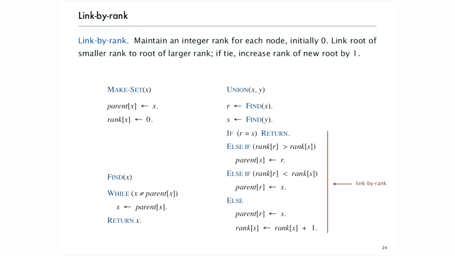When you are making it here, rank of R is strictly greater than rank of S, and I am not changing the rank operation. So clearly my parent has strictly larger rank than me. Same here. But when they were equal, I am artificially making the rank of my parent strictly larger than myself. Right? So what is the invariant? Everybody's parent has a strictly larger rank than him.